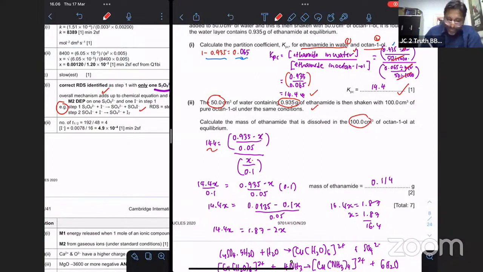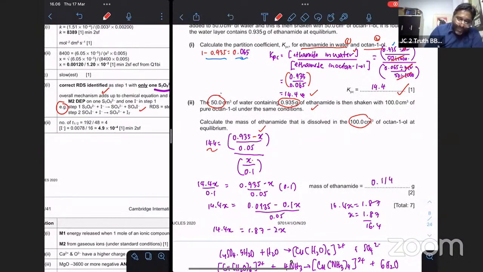So I need to put minus X. It means that for KPC at equilibrium, you see the ethanamide in water at equilibrium is 0.935 minus X. Very important. And divided by the volume. Don't simply take the volume, because now we cannot simply cancel.